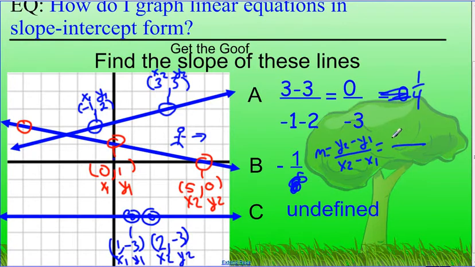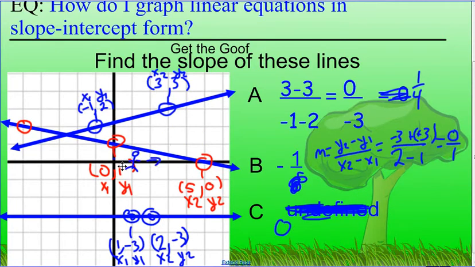So we take y2 minus y1 over x2 minus x1, which gives you 0 over 1, which is not undefined. Undefined happens if you take something divided by 0. Here, 0 divided by 1 is actually just 0. So this guy has a slope of 0.